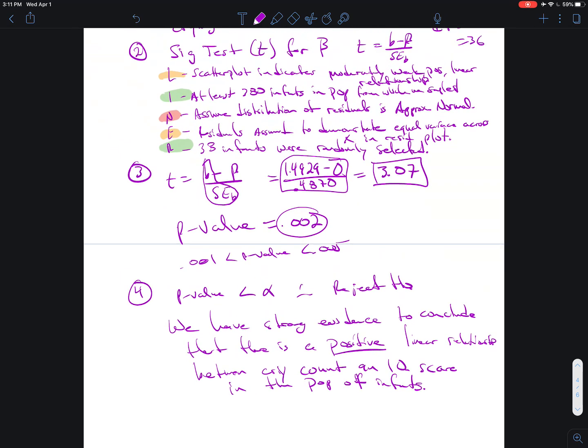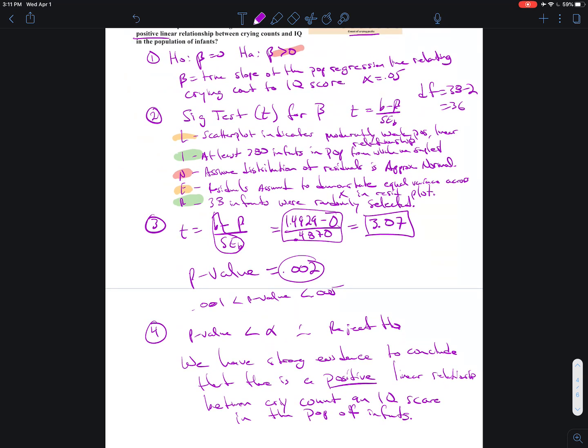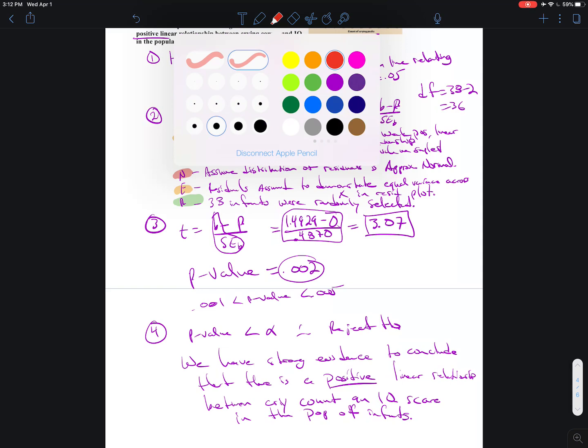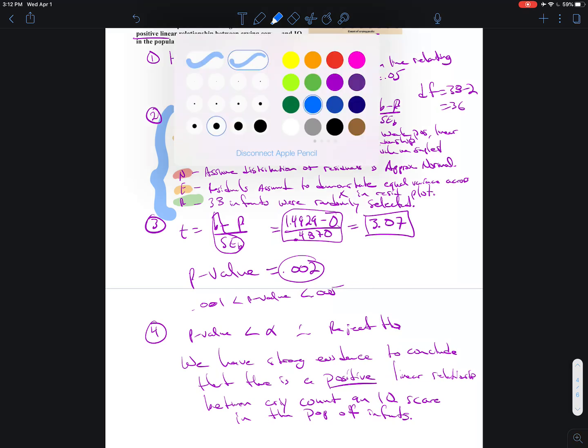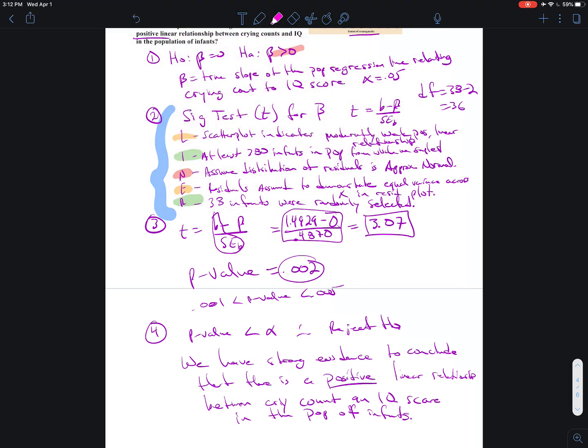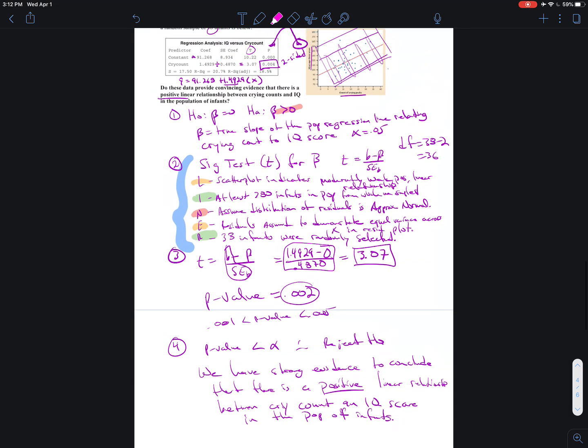So much like the confidence interval, I would argue most of your work is going to exist here with the conditions. We didn't even have to create the residual plot or histogram of the residuals. We just went forward and said we assume these things are true as best we could.